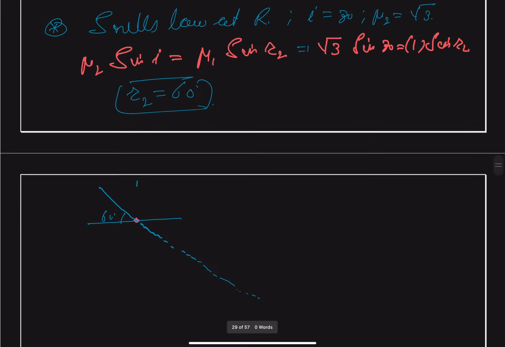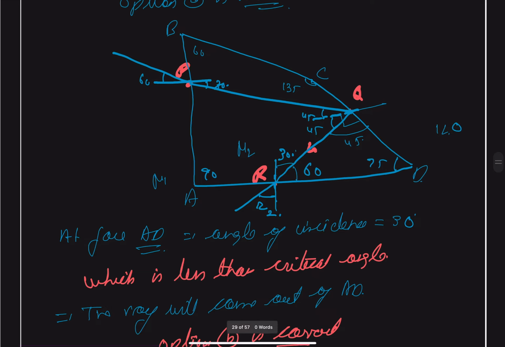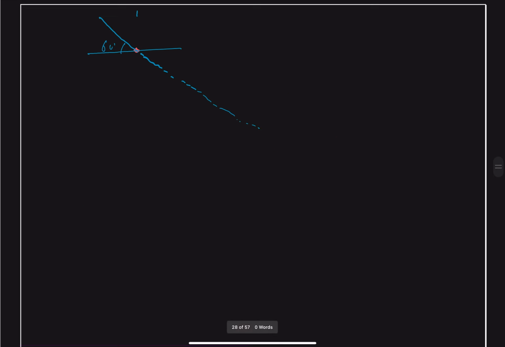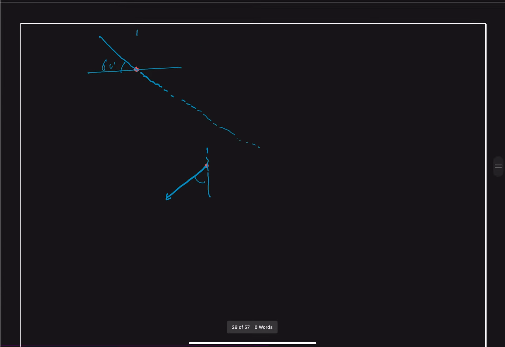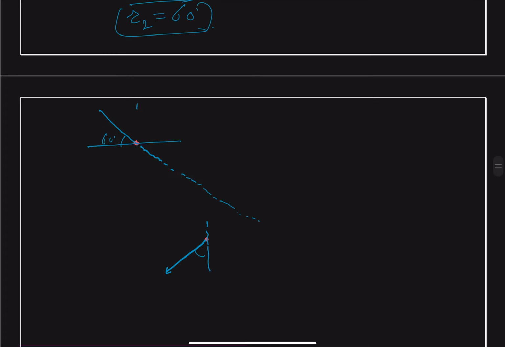and finally the light ray that comes out from our point R. Let us suppose the point R is somewhere here. So this is R, and the light ray is coming from here, making an angle of 60.